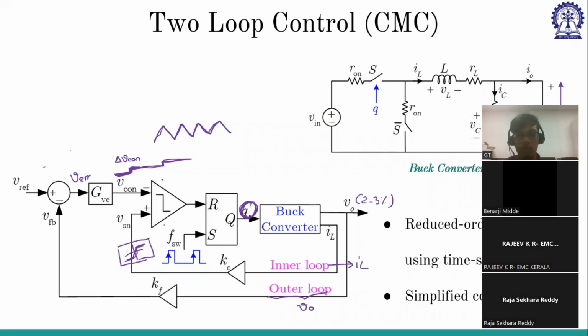So the inner loop should respond much faster than the outer loop, so whatever change in VCon will be immediately reflected in Q, and whenever there is another change in VCon, it will be reflected in Q. If the inner loop is slower, whatever change comes in VCon will take some time to respond in Q, and before Q gets changed, VCon will change again. So the change coming from the outer loop will not be reflected in Q. That's why the inner loop should always be much faster. It will respond quickly to whatever change is coming from the outer loop. I hope I am clear.